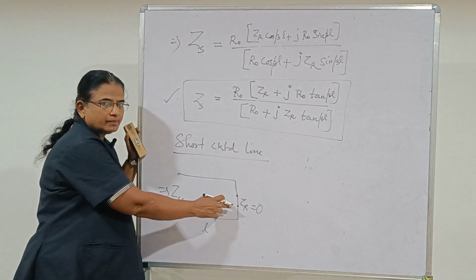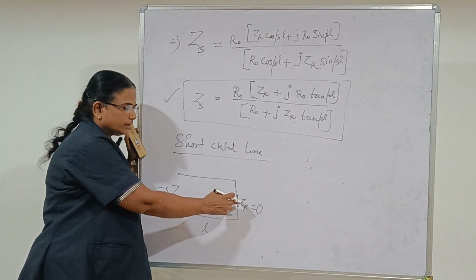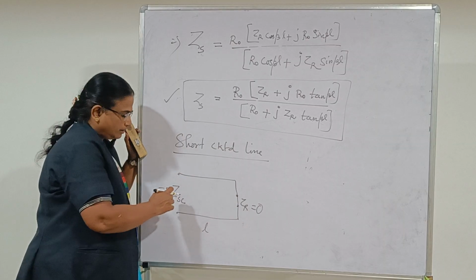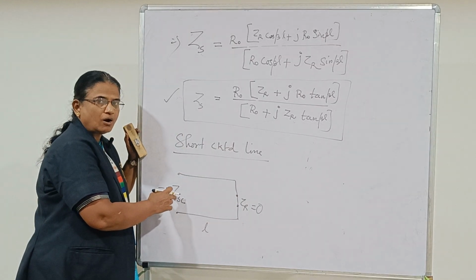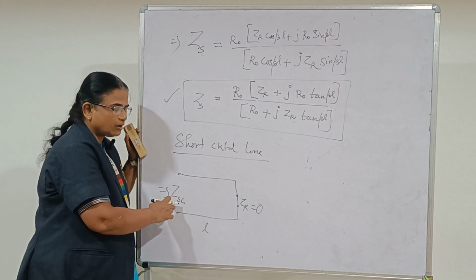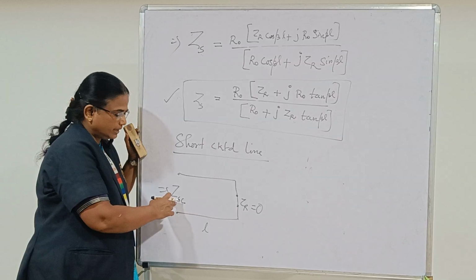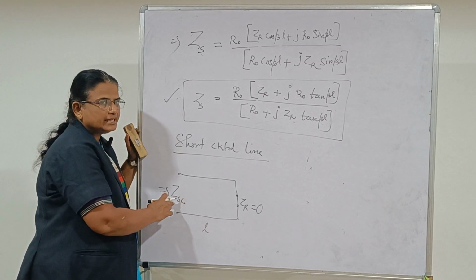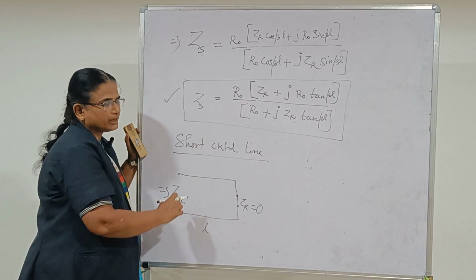So when a line is terminated by 0, or short circuited, the input impedance or sending end impedance across the input terminals is called the short circuited impedance. Now let us find out the sending end impedance for this short circuited line.